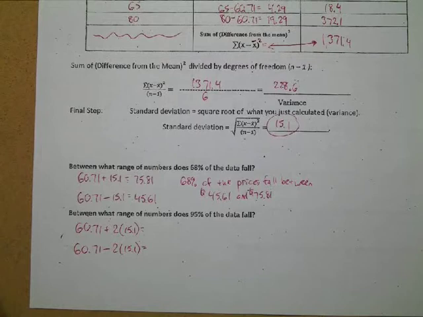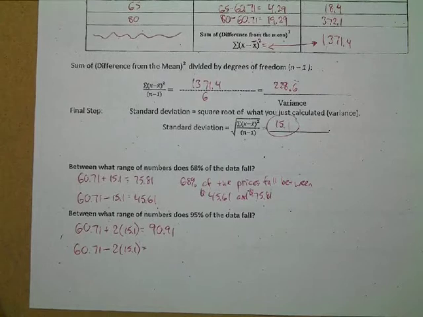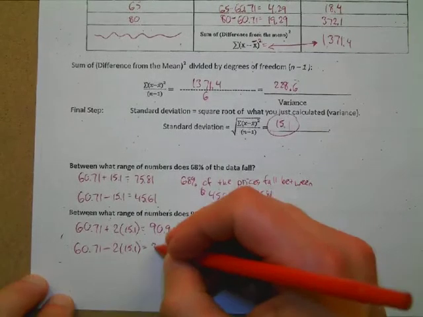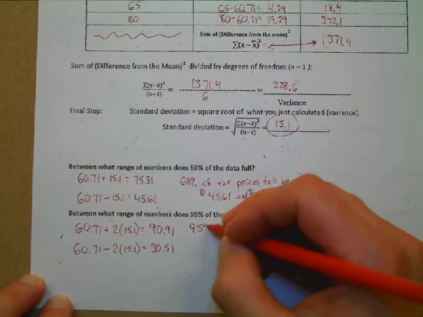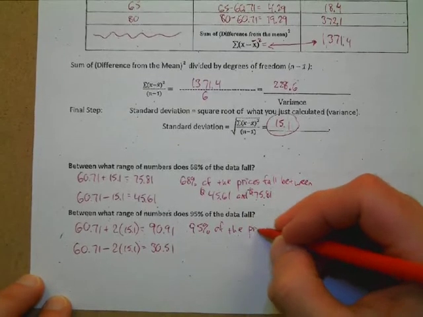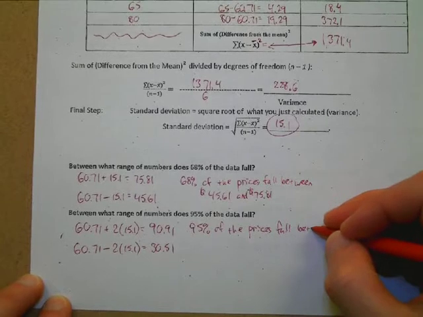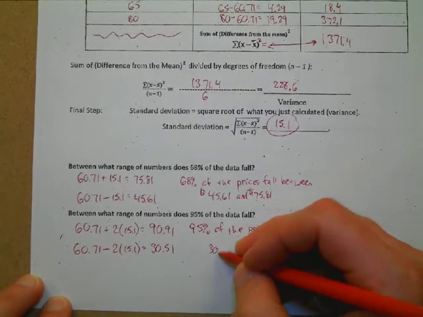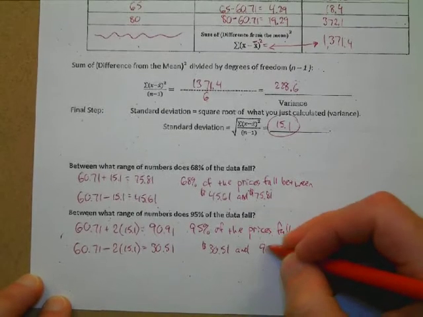So 90.91 and 30.51. 95% of the prices fall between $30.51 and $90.91.